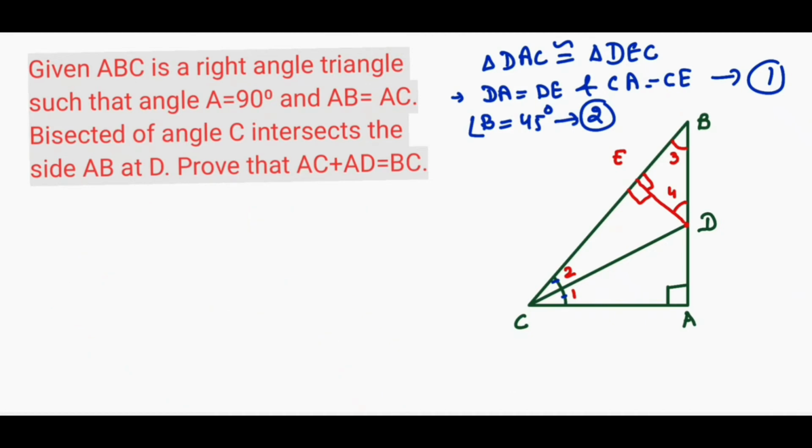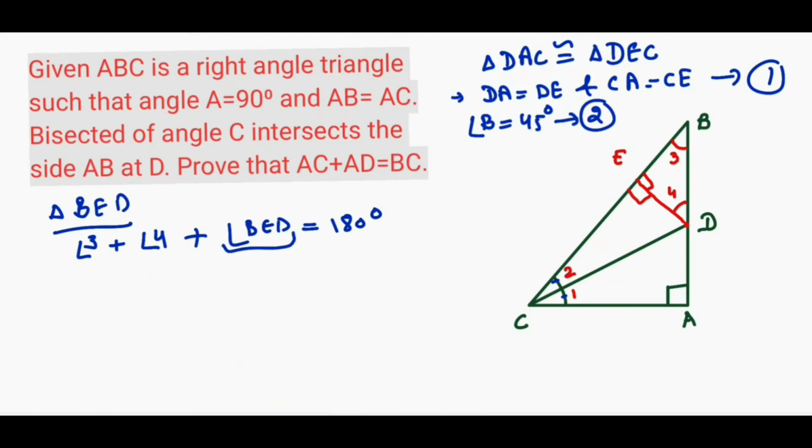So next I will take triangle BED. Here also we know that the sum of all the angles of a triangle is equal to 180 degree. The angle 3 plus angle 4 plus angle BED is equal to 180 degree. Okay, this angle BED is equal to 90 degree.